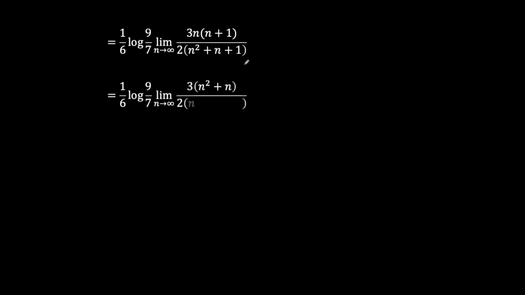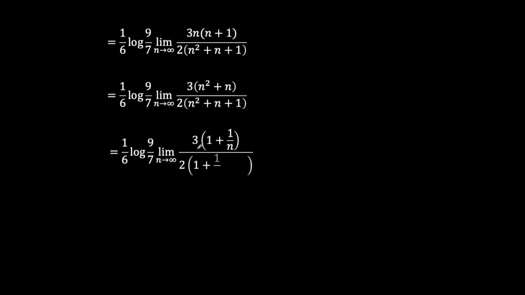So if we divide the numerator and the denominator by n squared, we are left with 1 over 6 natural logarithm of 9 over 7, limit of n tending to infinity of 3 times 1 plus 1 over n over 2 times 1 plus 1 over n plus 1 over n squared. So this tends to 0 when n tends to infinity.